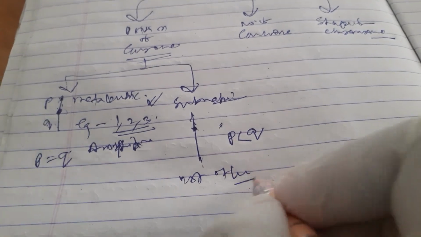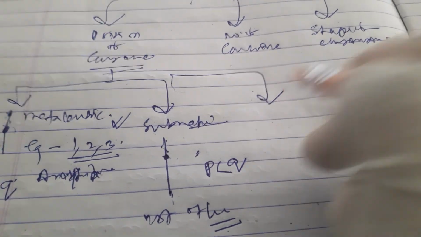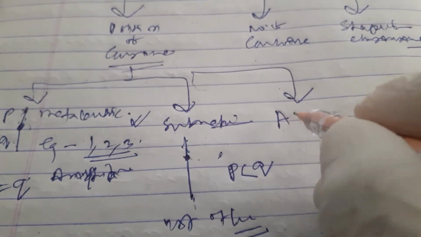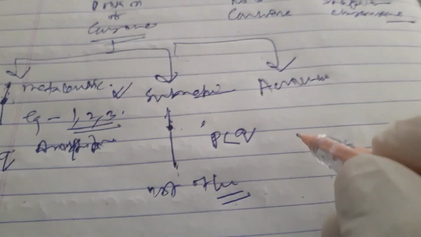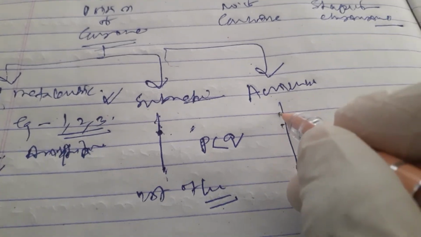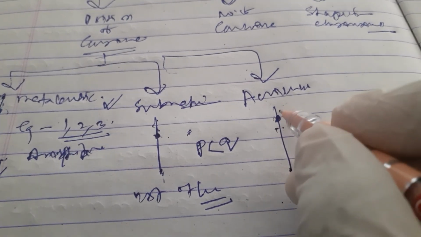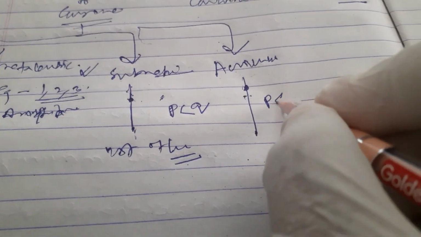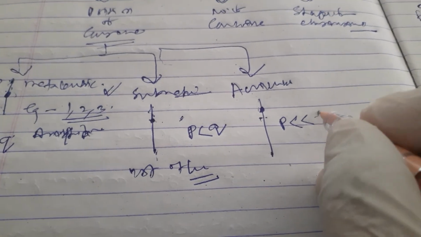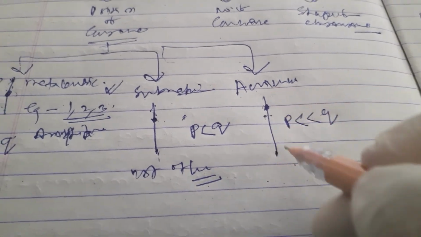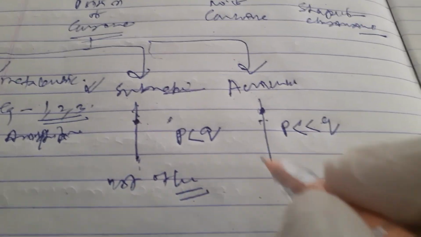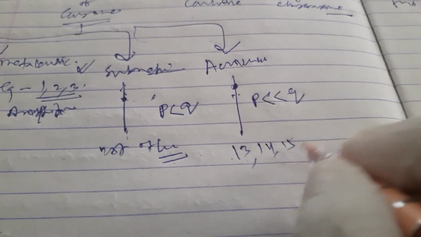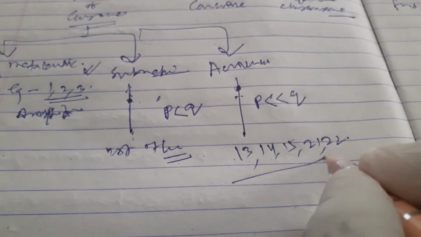Now the third one is the acrocentric, in which the centromere lies more towards the end, such that the P is very, very less in length than the Q. This is called acrocentric, and in human beings it is 13, 14, 15, 21 and 22.